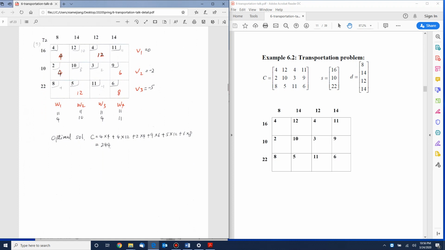We set up v1 equals 0, because you can see that each dual variable at most appears twice, right? So we set v1 equals 0, then we get w1 and w3 both 4.